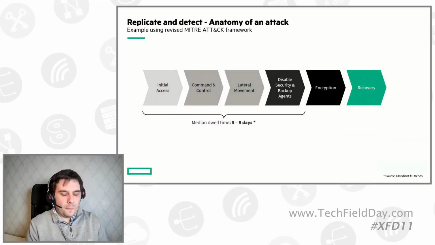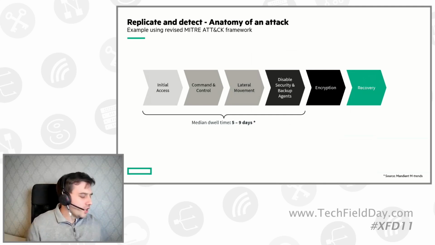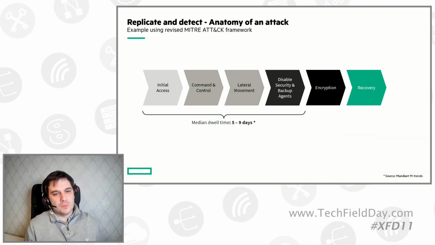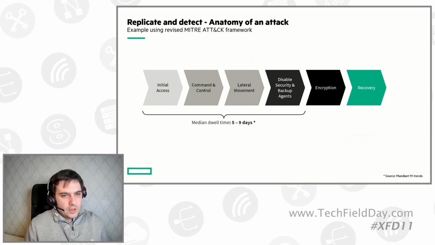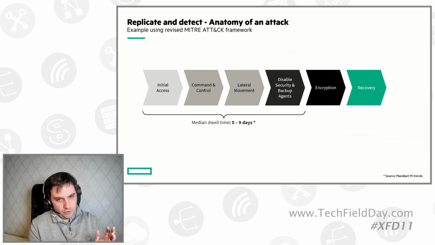So where do we fit? I think I've covered this a little bit from an earlier question, but I'll cover it in a little more detail. This is using the revised MITRE ATT&CK framework, which I'm sure most of you have studied and have far more expertise than me in this area. But typically, initial access happens, and then it's C2, command and control, and then lateral movement.